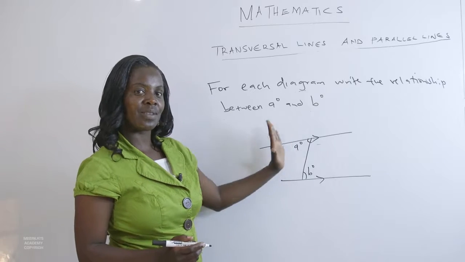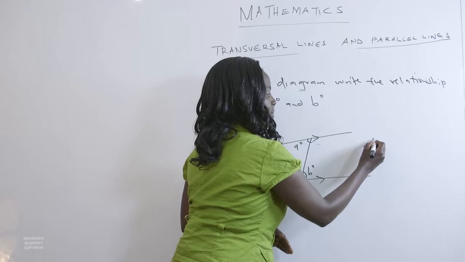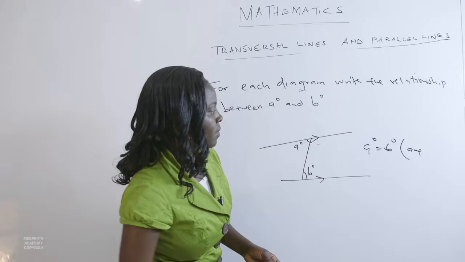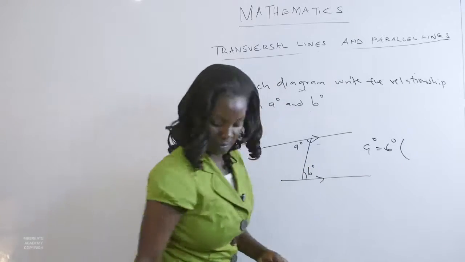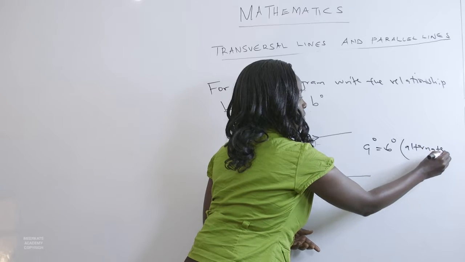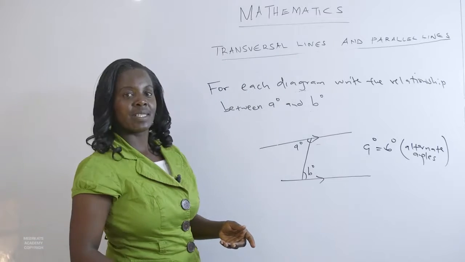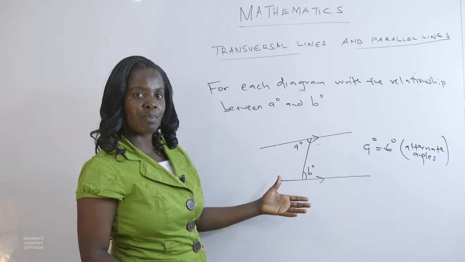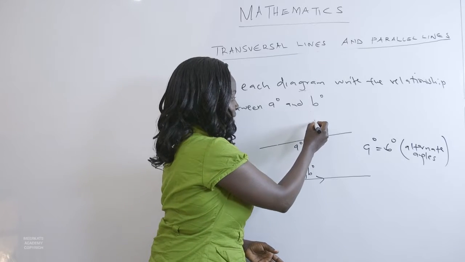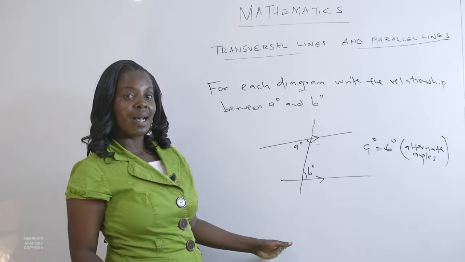Angles on the opposite sides of the transversal are called alternate angles. Sometimes they can just do this to confuse you. If it's not very clear, you can extend the line so that you can understand that this is a transversal line.